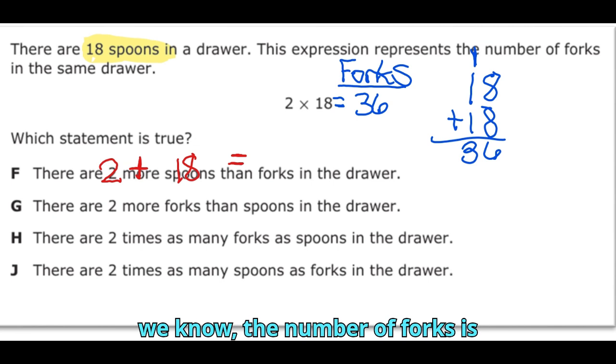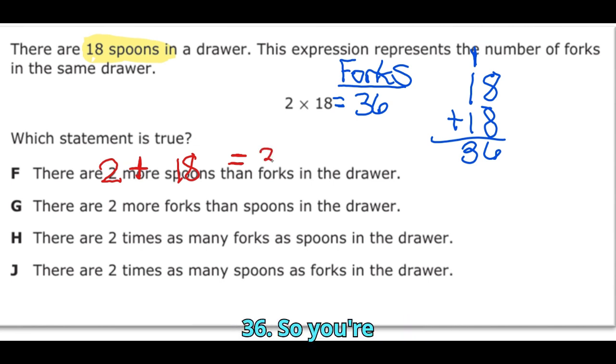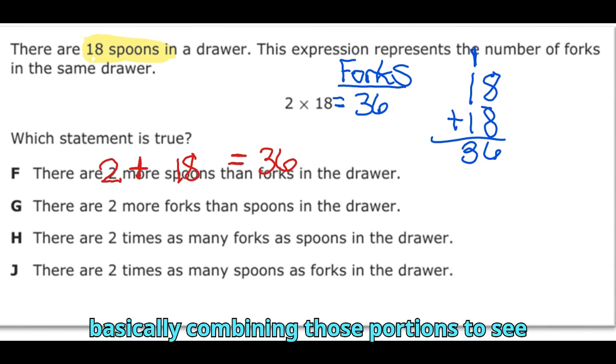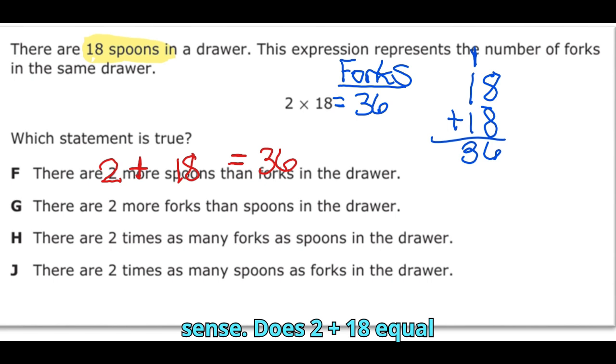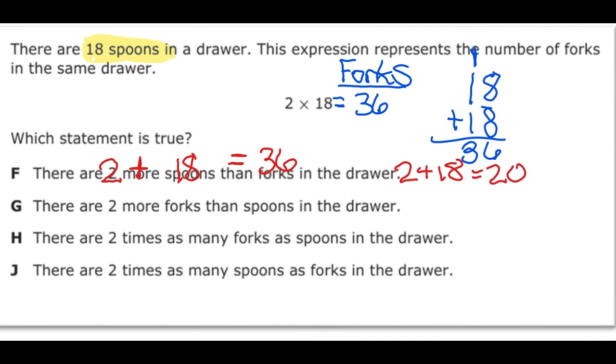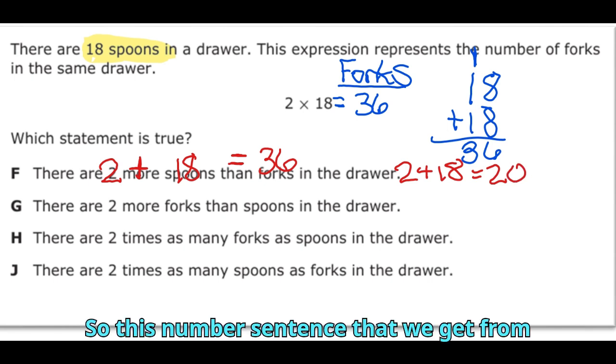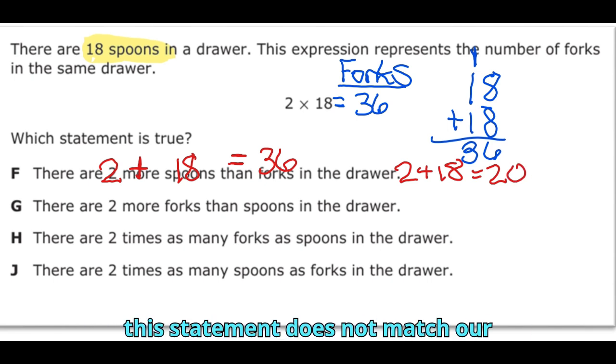And as we know, the number of forks is 36. So you're basically combining those portions to see if the number sentence that you get makes sense. Does 2 plus 18 equal 36? No. 2 plus 18 equals 20. So this number sentence that we get from this statement does not match our scenario.